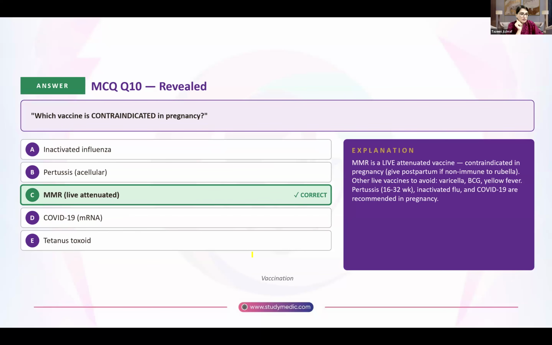MMR is a live attenuated vaccine, so that is contraindicated in pregnancy. Inactivated influenza vaccine, pertussis, which we give at 16 to 32 weeks, tetanus toxoid, and COVID-19 are recommended in pregnancy.